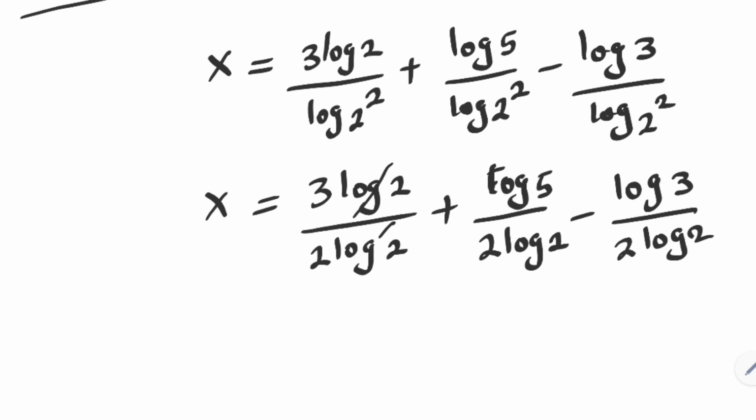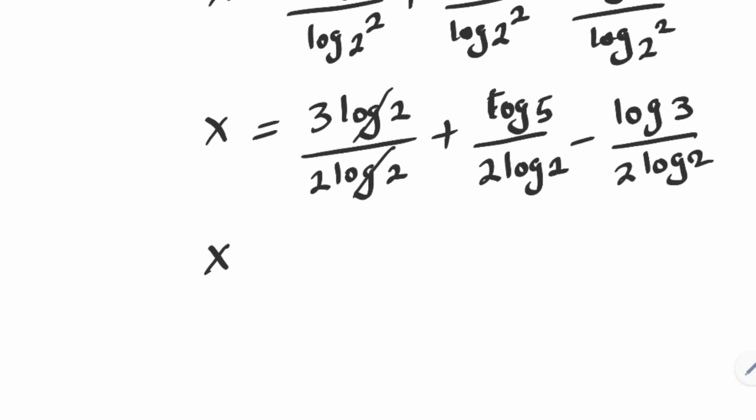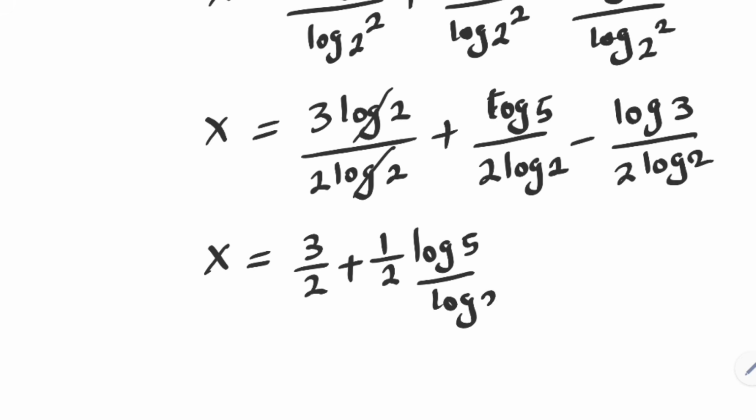Then this log 2 cancels this log 2. x is equal to 3 over 2 plus 1 over 2 log 5 over log 2 minus 1 over 2 log 3 over log 2.